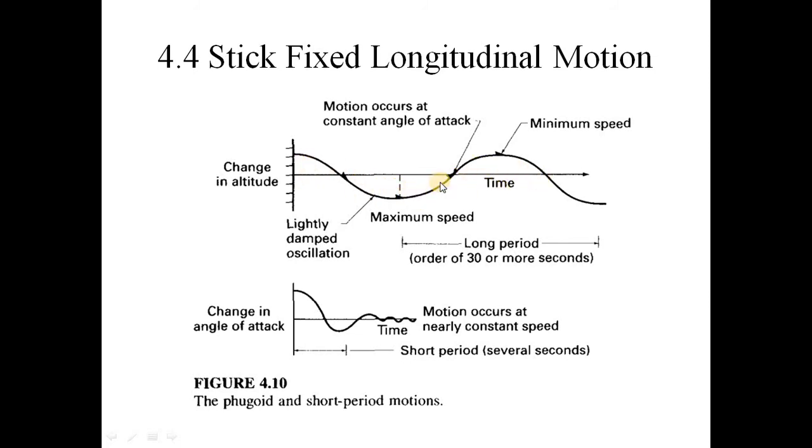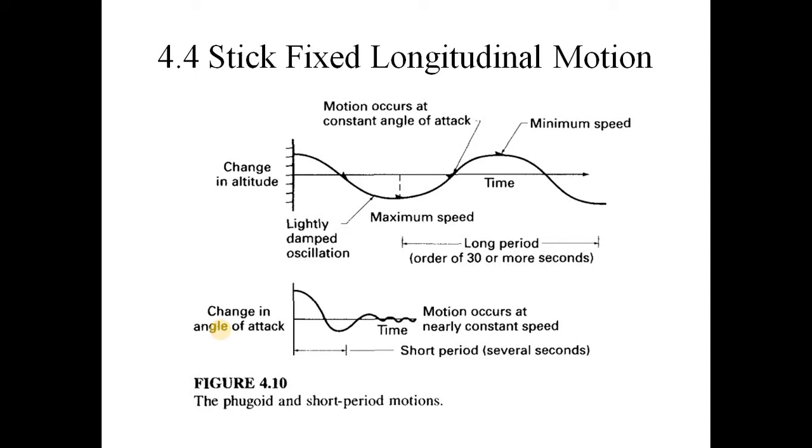So naturally sekarang kita nak tengok macam mana behavior dia. For short period, it only yang berlaku adalah change of angle of attack. Pesawat tu bergerak lurus je, tak ada naik turun, but angle of attack yang berubah, meaning that the pitch angle tu, kapal terbang tu akan angle naik turun.